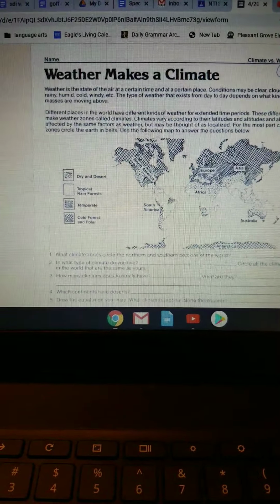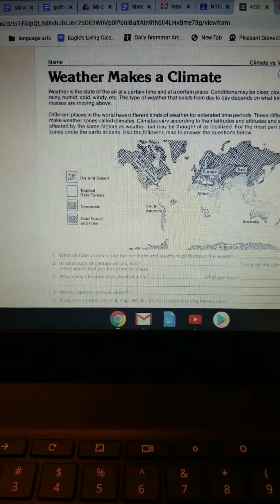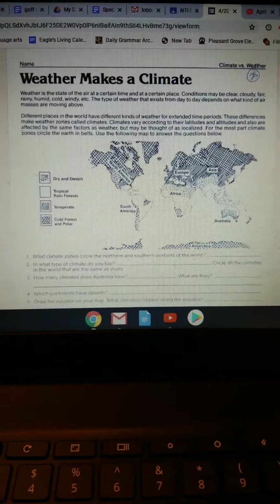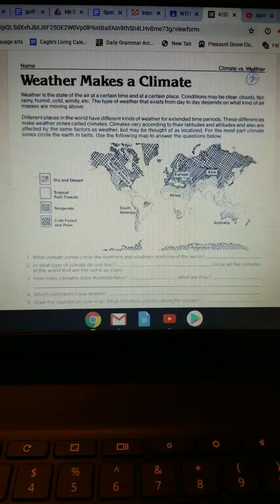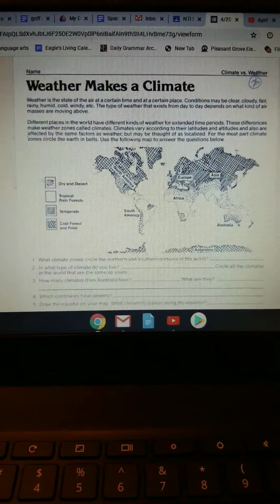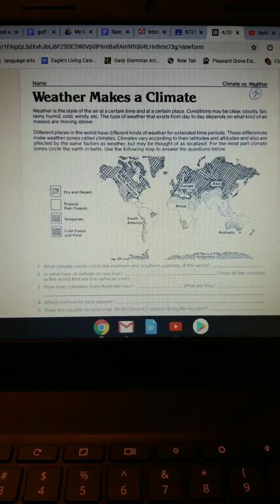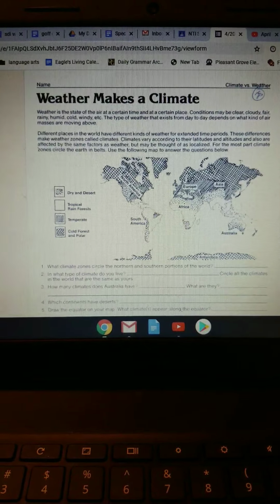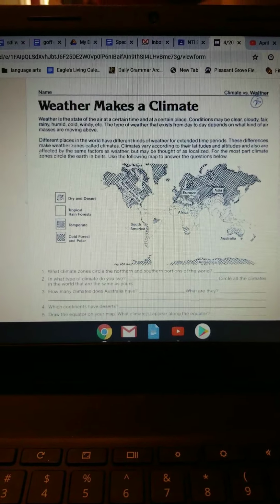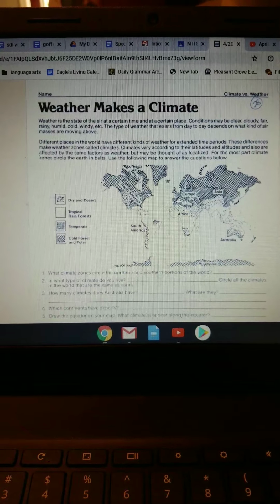Conditions may be clear, cloudy, fair, rainy, humid, cold, windy, etc. The type of weather that exists from day to day depends on what kind of air masses are moving above. Different places in the world have different kinds of weather for extended time periods. These differences make weather zones called climates.